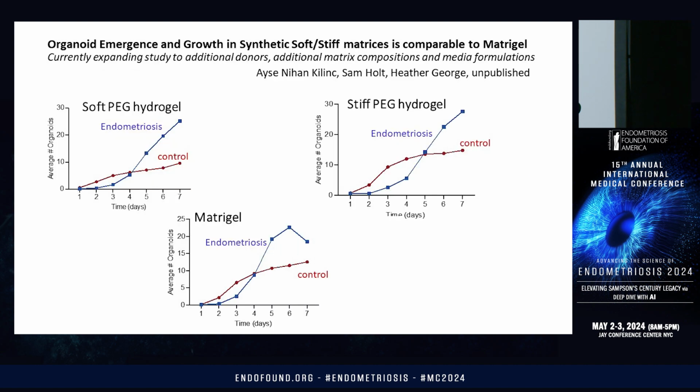Okay, so these are the types of things we can do and compare, for example, the endometriosis and control, and compare against Matrigel. Okay, so we're now starting to get these, I guess you could call this AI. It is AI because it's image analysis to get these kind of features out of our donors.